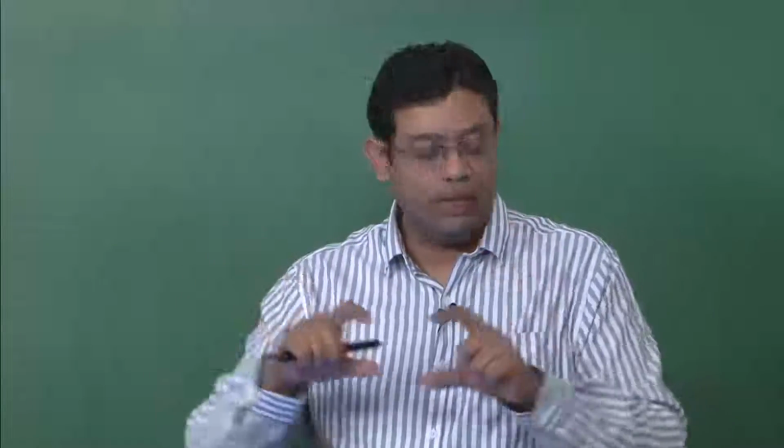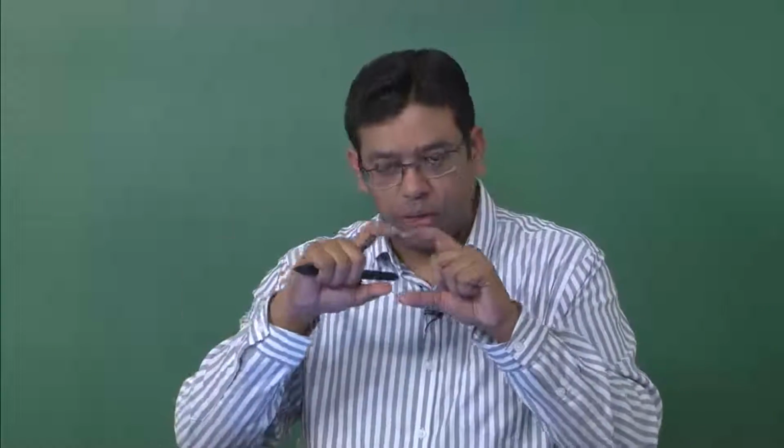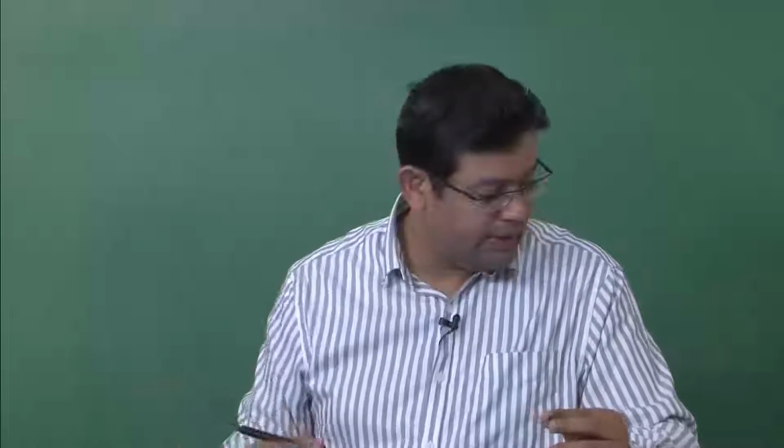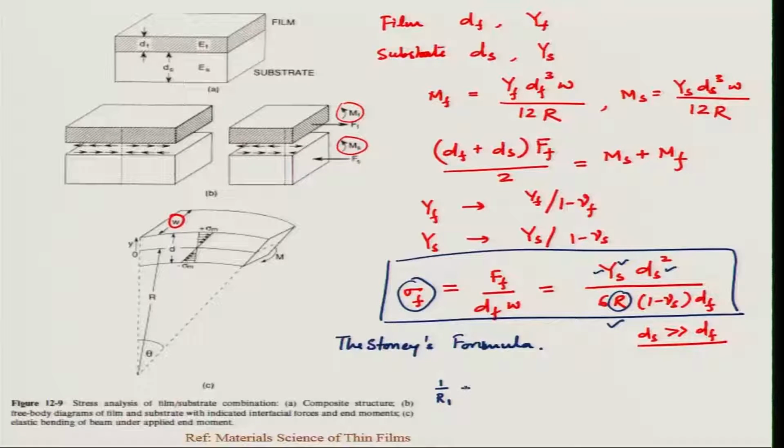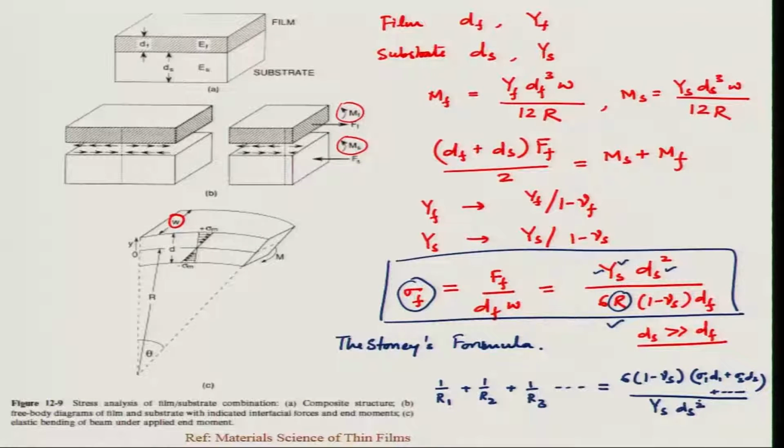Then if you want to know the total stress in the multi-layer stack, you can combine all these radii as 1 over R1 plus 1 over R2, the curvature due to each layer, and this equation will be given by sigma 1 d1 plus sigma 2 d2 and so on, divided by Ys ds squared, where sigma 1 and d1 are the stress and thickness of the individual layer.